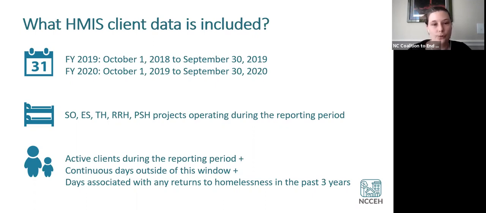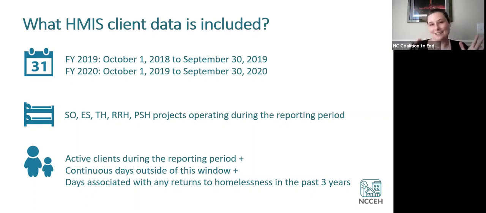And who among those project types, who between those dates are included, that's active clients during the reported period, meaning that they had an entry or an exit during that reporting period, and any continuous stays outside of the window. So going back, right, before October 1st, 2018, if someone stayed over that date, and then any days associated with any returns to homelessness in the past 3 years.